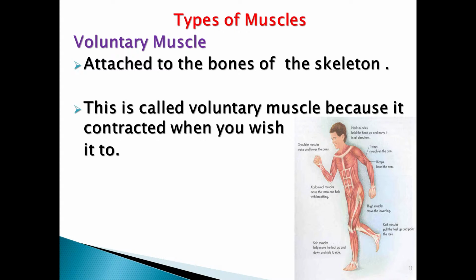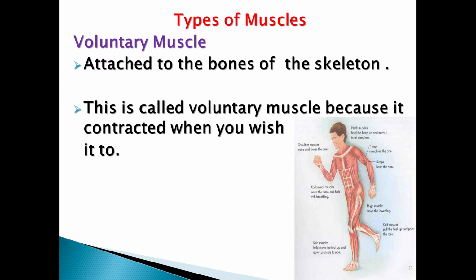The word voluntary means that whenever these muscles contract, it is you who decides that they are going to contract. The muscles that make up your arms and your legs are voluntary muscles, because you decide whether you want them to contract or not to allow any form of movement.